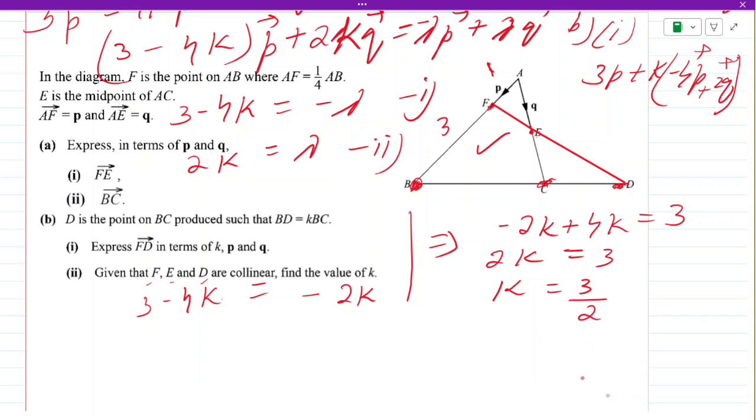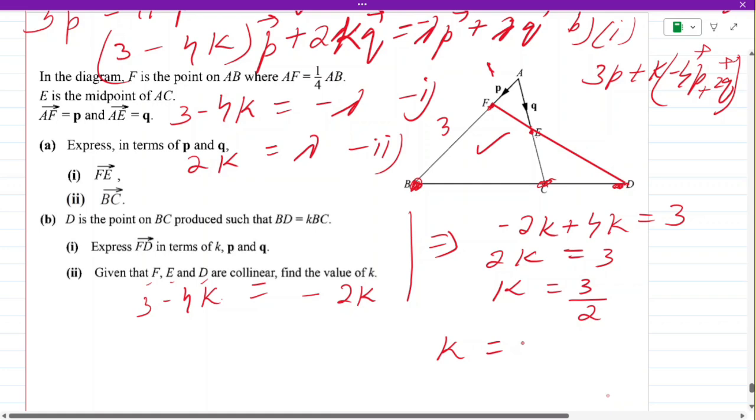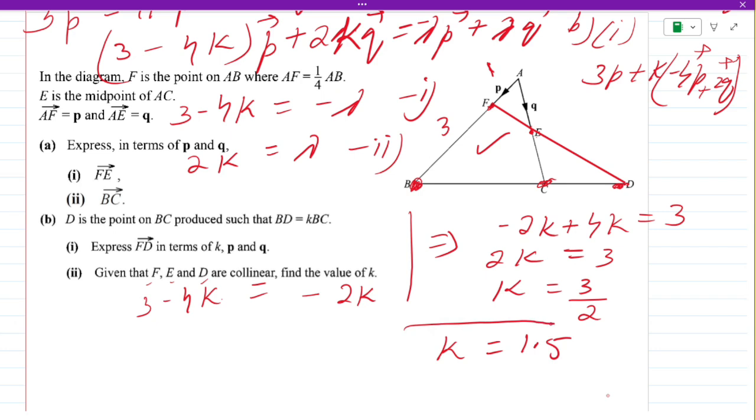Yes students, this is the value of K, and if we simplify, it becomes 1.5. So the value of K is 1.5 if the points F, E and D are collinear.